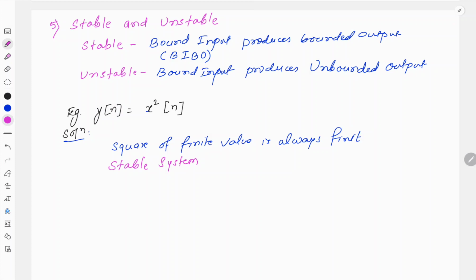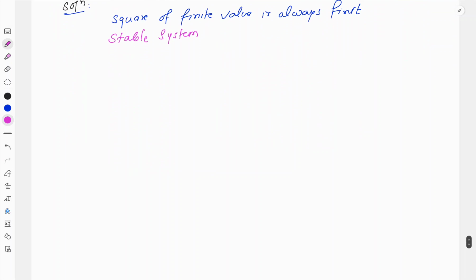So now the last classification of a system, invertible and non-invertible system. So let us see the definition of an invertible system.